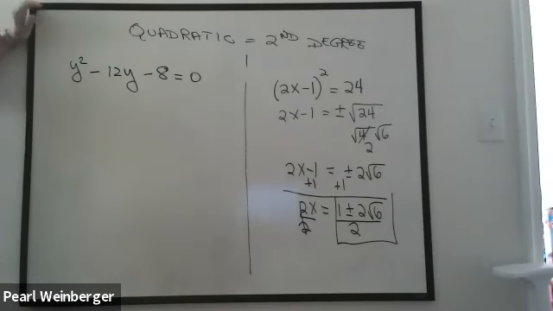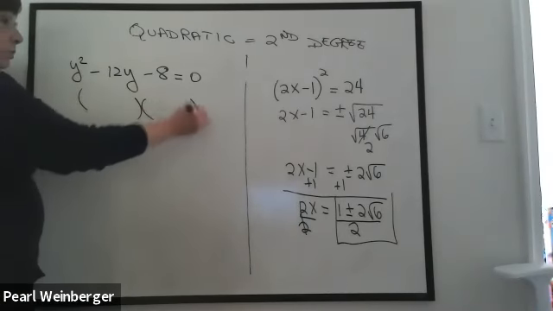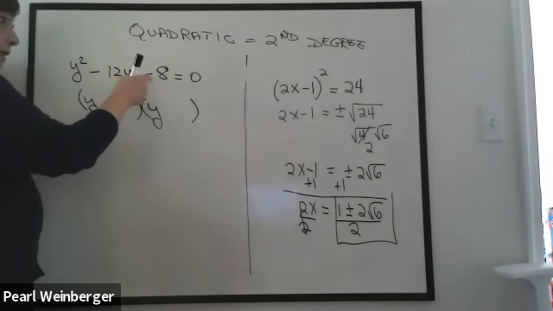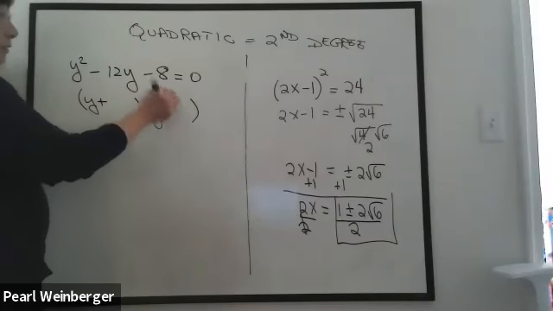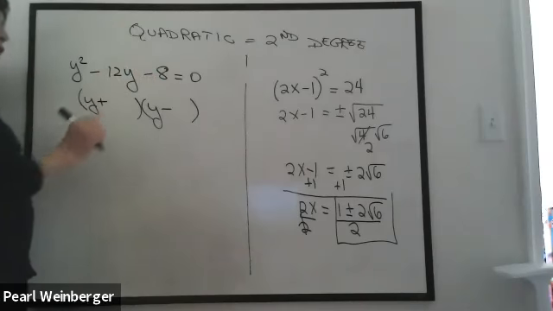It has a square. But if I tried factoring this, the y squared would be y and y. The last term is negative, meaning one is positive and one is negative. And I need two numbers that multiply to 8, and when I subtract them, give me 12.